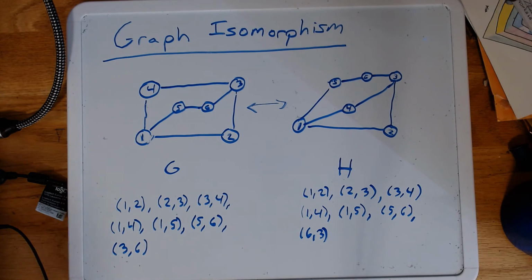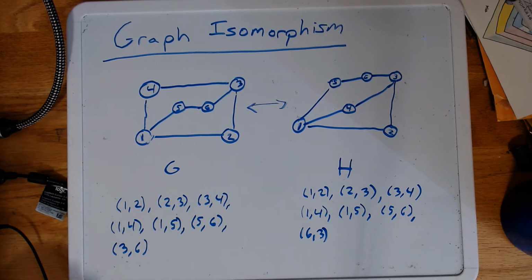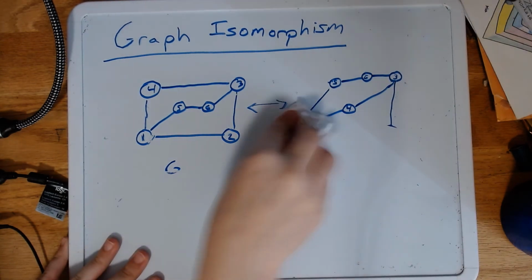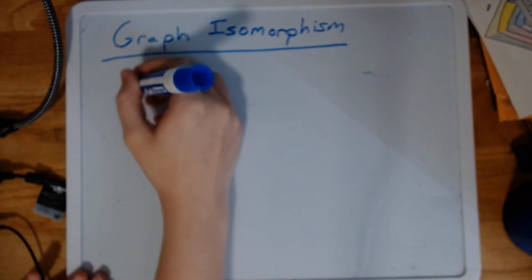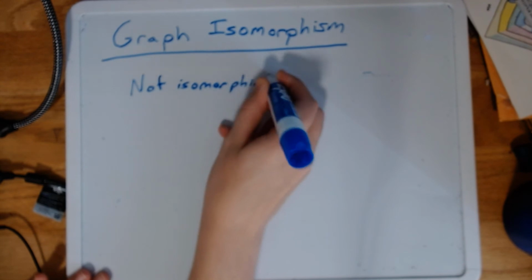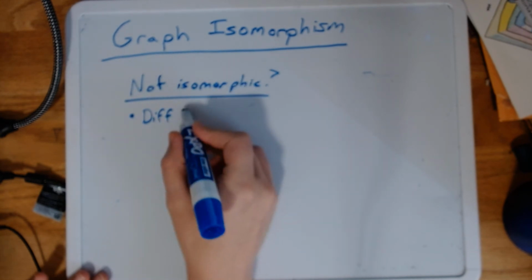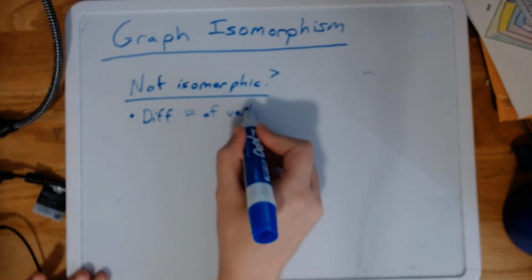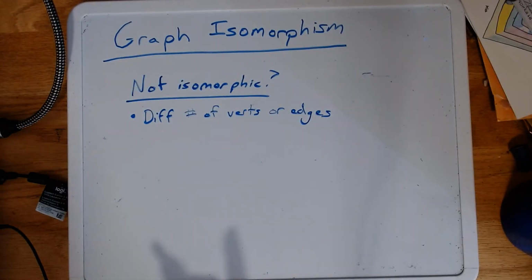So in general, if we're trying to prove that 2 graphs are isomorphic, we need to find a function of this kind. But what about if we're trying to prove that 2 graphs aren't isomorphic? Well, there are a few things we can look for. We've already mentioned that if they have a different number of vertices or edges, then they are definitely not the same graph, definitely not isomorphic.